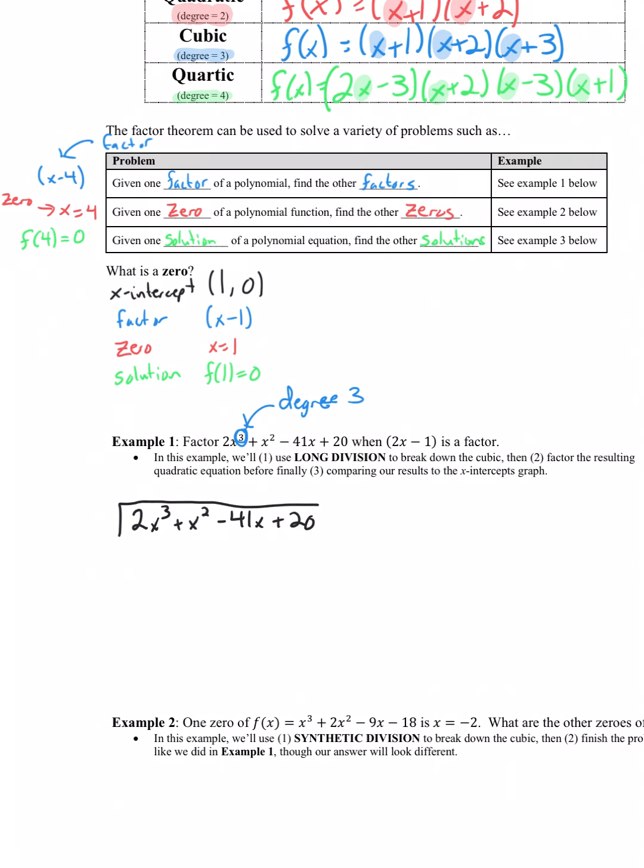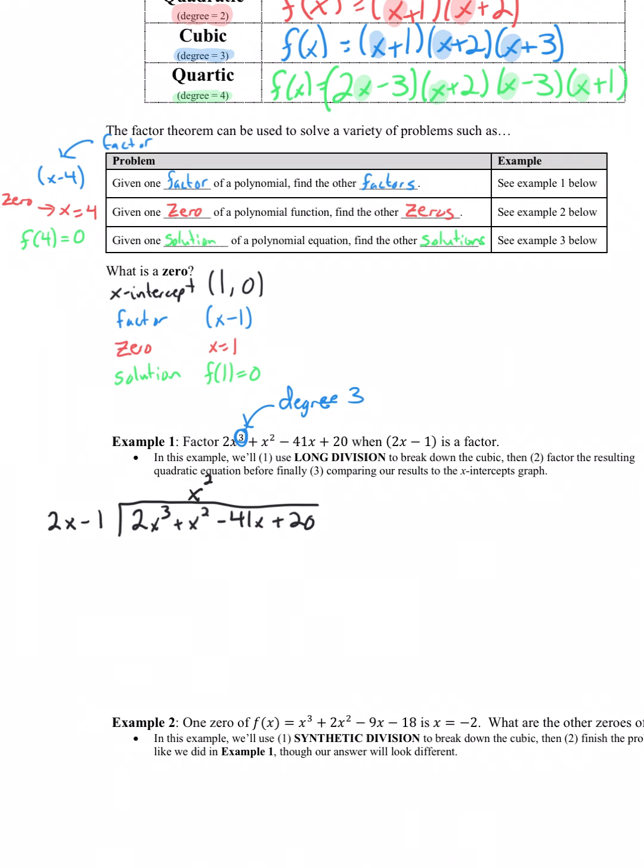I'm doing long division on this problem because I have this 2x minus 1. And remember we talked about how synthetic division kind of fails when we have a number being multiplied by the x, it gets a little tougher to successfully pull off synthetic division. So that's why we're looking at doing it with long division for this particular problem.